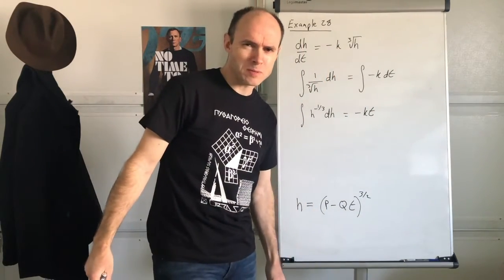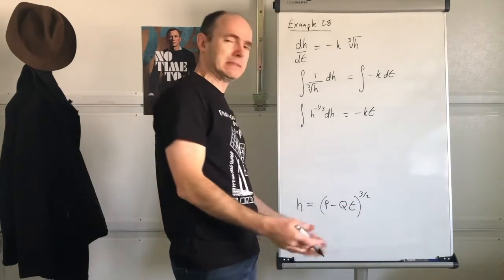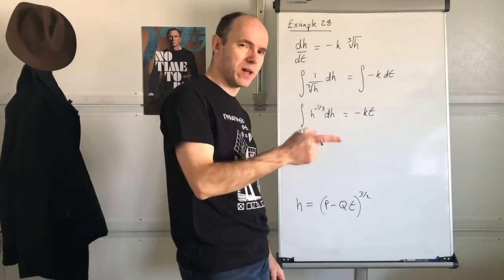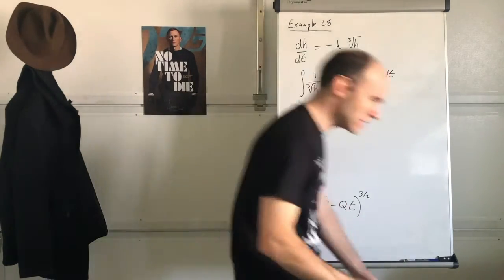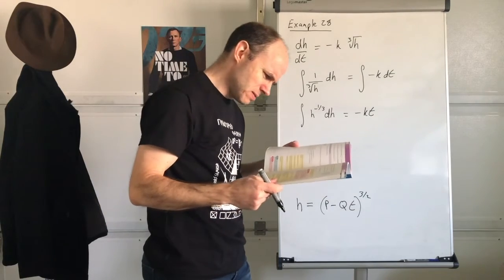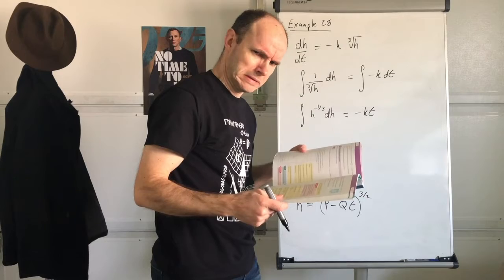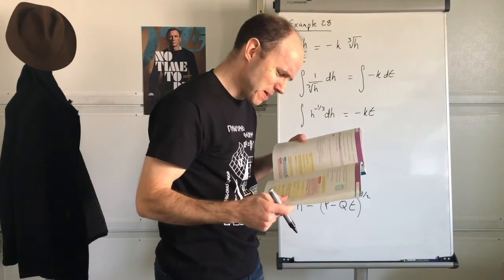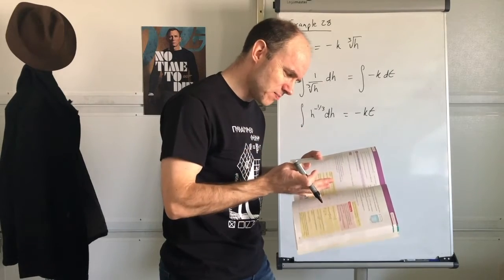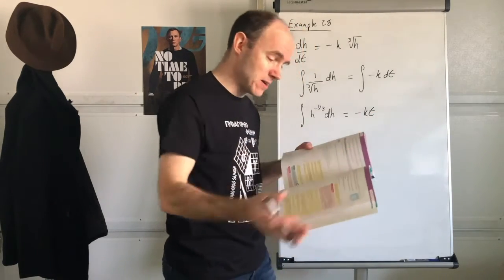Oh, what letters should we use this time? Well, I've used C, I've used K. We're running out of letters, aren't we? I could use C1 or C2. I'm going to see if the textbook has used something. Oh dear, they've used C. I don't like that. I'm not going to use C, because mathematically it doesn't follow: that C is not necessarily going to be the same C we had earlier, is it?